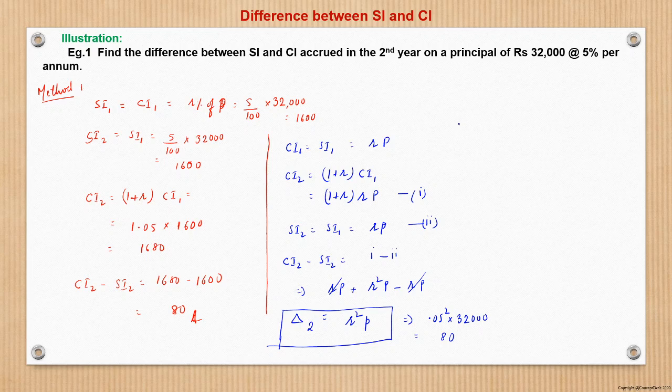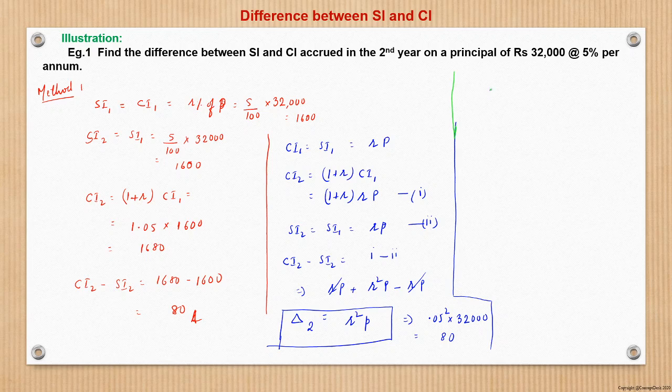Now another approach, similar only, but just a different representation, and this will be very useful, maybe not as useful for finding the solution to questions where the difference for the second year is asked, but certainly very helpful when we calculate the difference for the third year going forward.